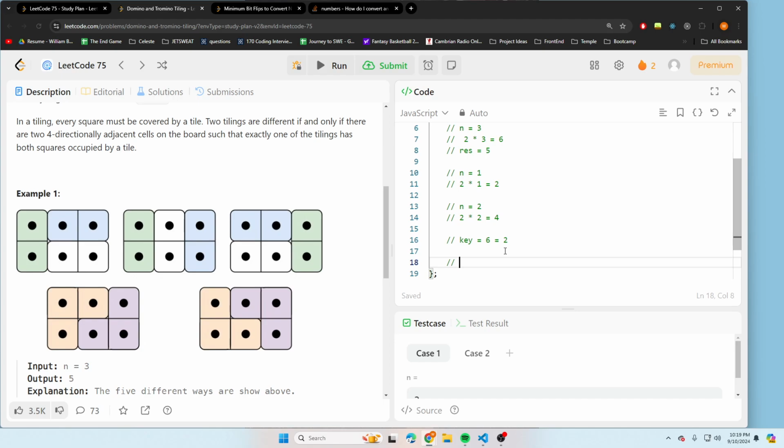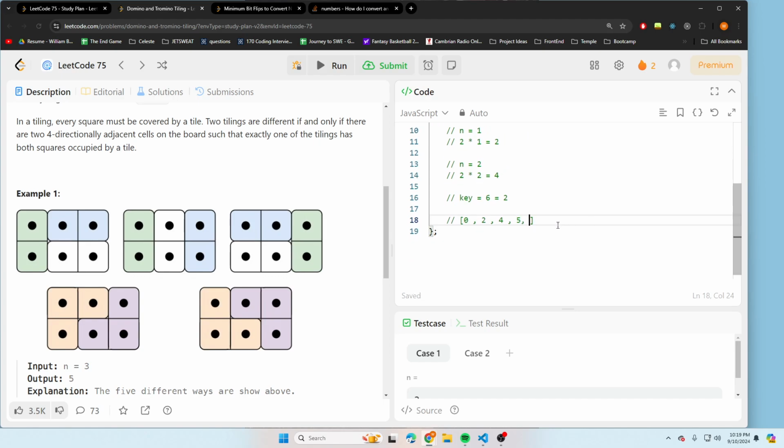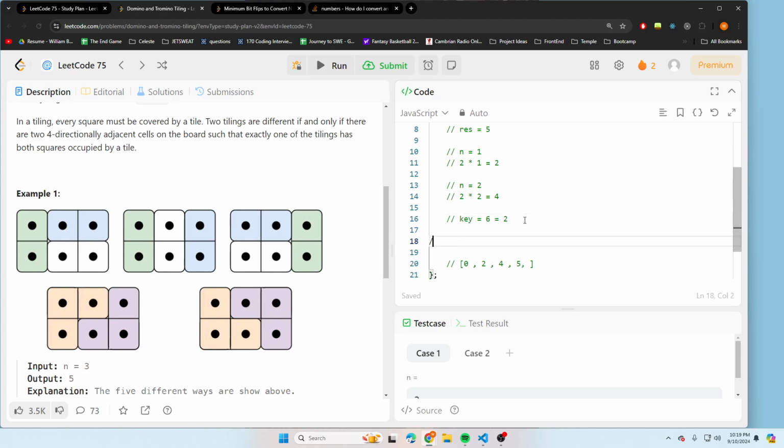So if we put it on the array, if 0n, it's gonna be 0. 1n is gonna be 2, and then 4, and then 3 is 5, and then if n equals to 4, then 4 times 2 equals to 8.